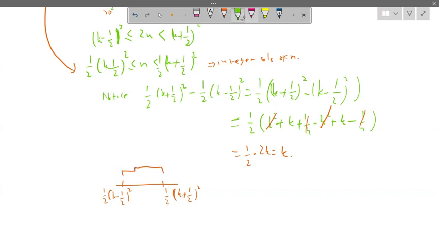Well, the answer is k. There are k integers between these two numbers, and those numbers are exactly the solutions in n of this inequality. So you have this number of integers, which is exactly equal to k.